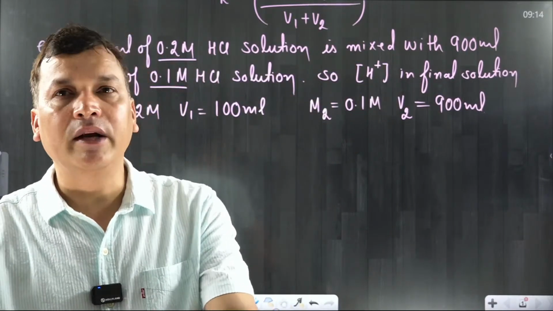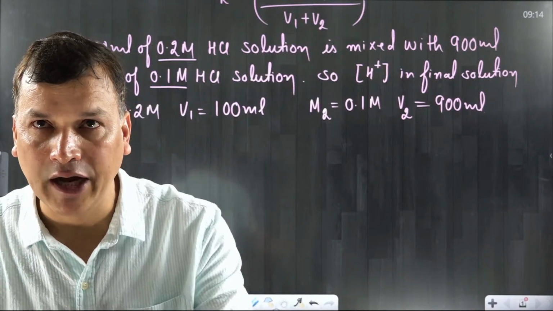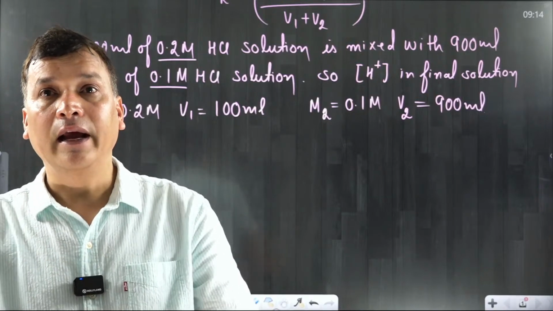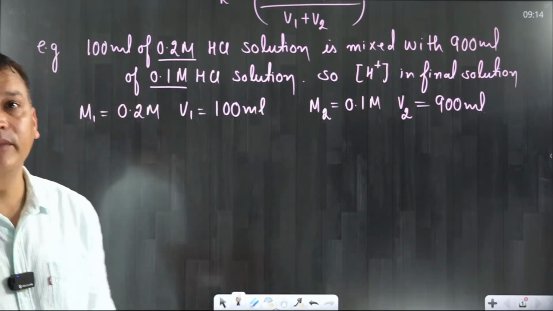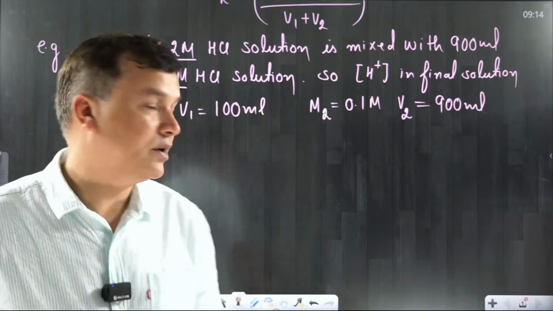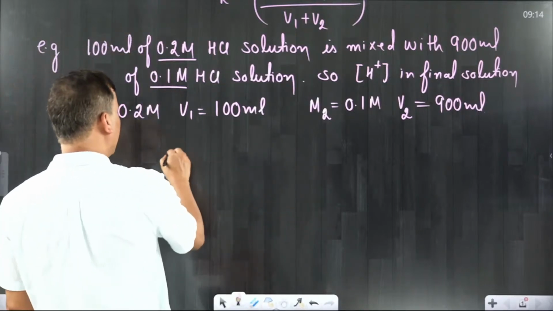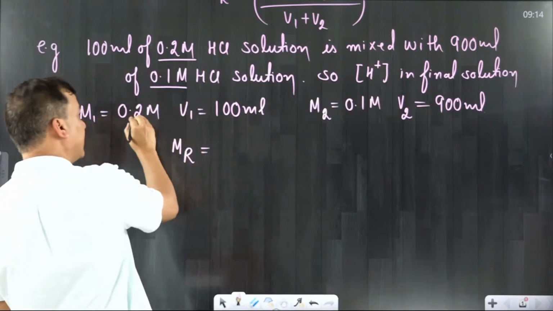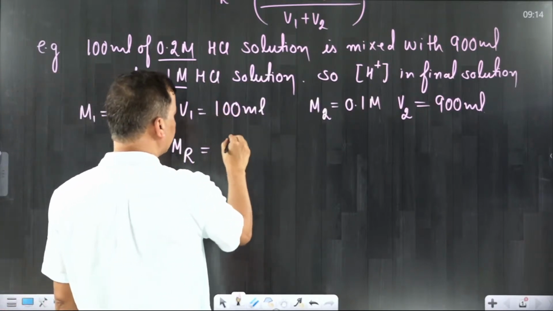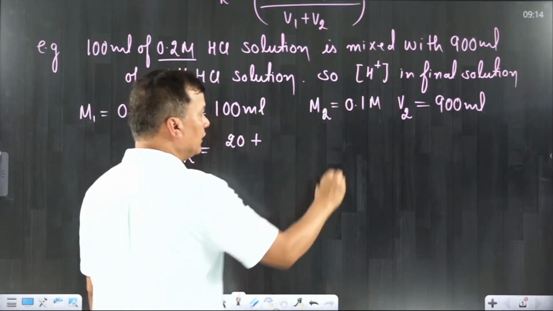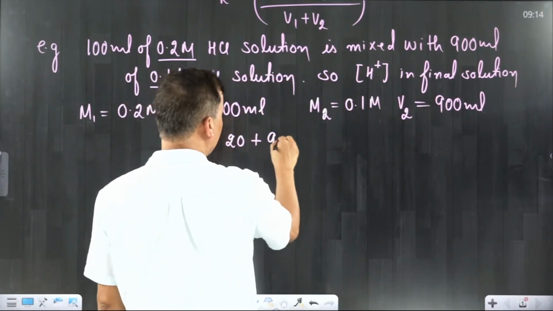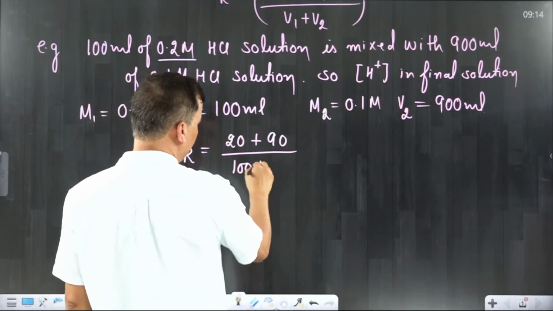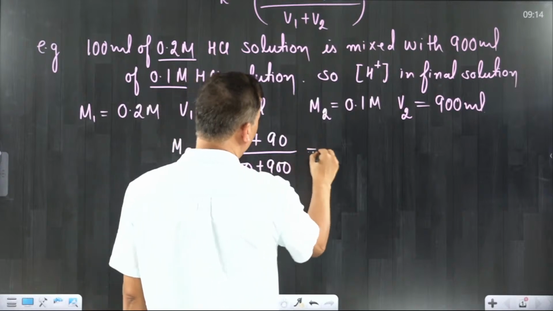My dear student, what I am telling you is that we have two solutions of hydrochloric acid with different molarities, and they are mixed in different volumes, and we have to find out the result. So, as I told you, the molarity of the resulting solution is equal to M1 V1, that is 20, plus 90, upon 100 plus 900 ml, which is 1000.